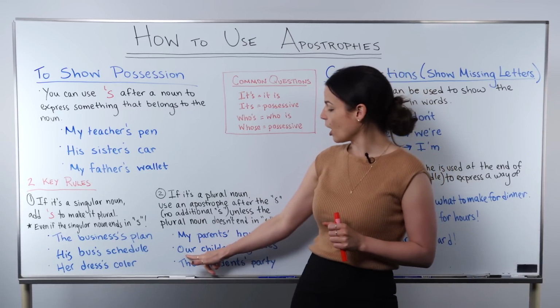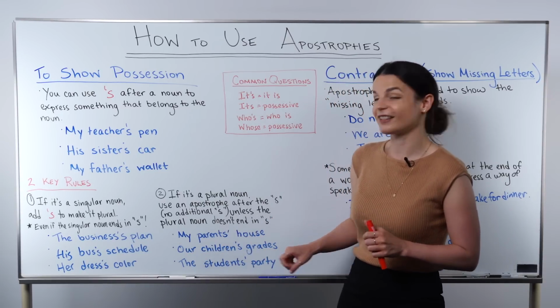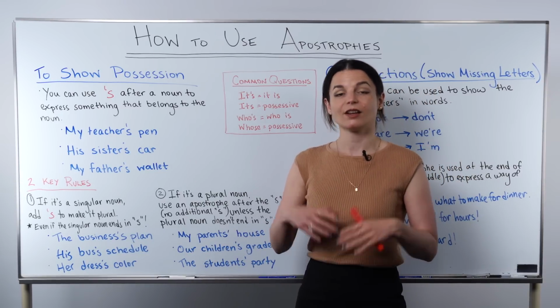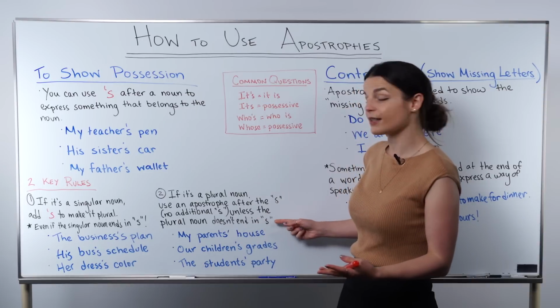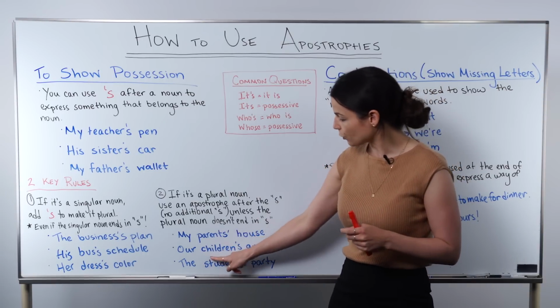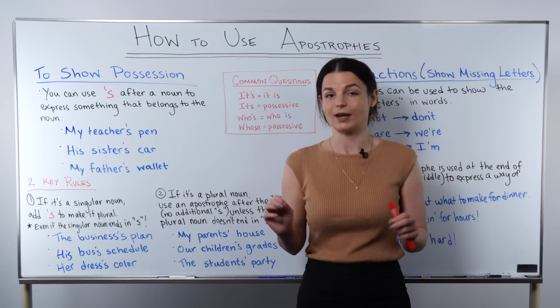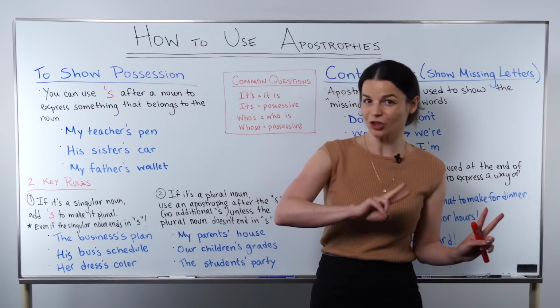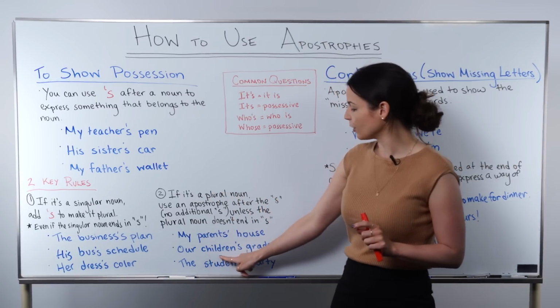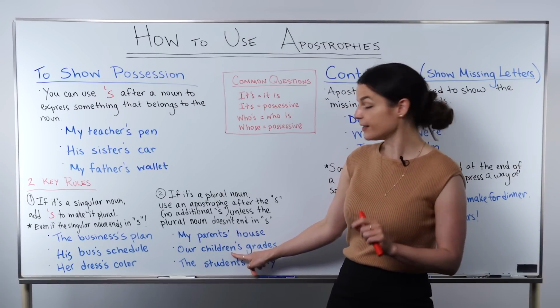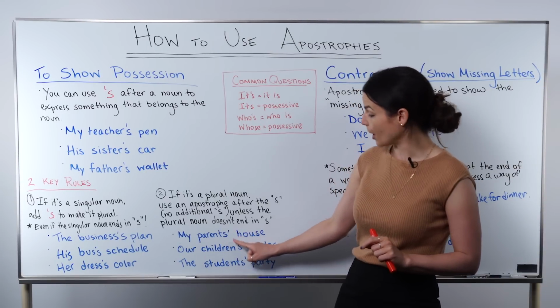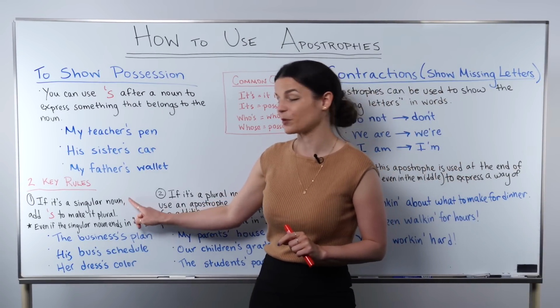The next example is children's grades, our children's grades. So this is an example of the exception here. Children is an example of a plural noun that does not end in S, right? We have one child, two children, right? So this is a plural noun that does not end in S. In this situation, we need to use apostrophe S, just as we did with rule number 1, right?